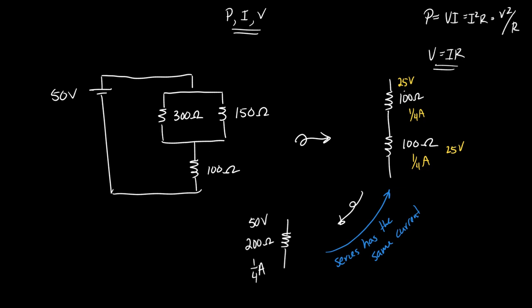Questions about that? All right. When you step back here, one of these is done. This one's 1/4 amp, 25 volts. But we have a system that is in parallel, so parallel gets the same voltage.